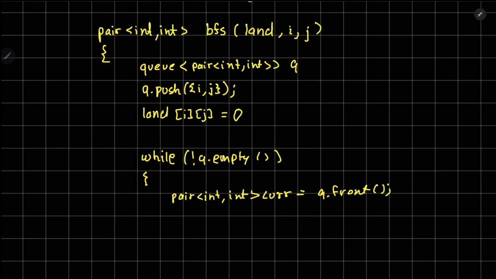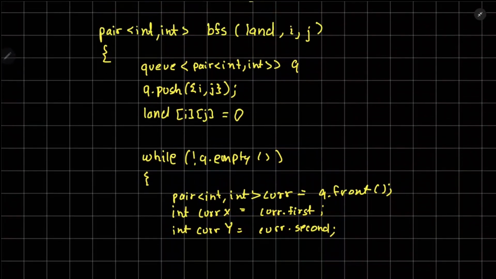You can access the coordinates by current dot first or current dot second. For convenience, I am making variables int current x, int current y equal to current dot first and current dot second. So now that we have the coordinates, we also have to pop the queue.